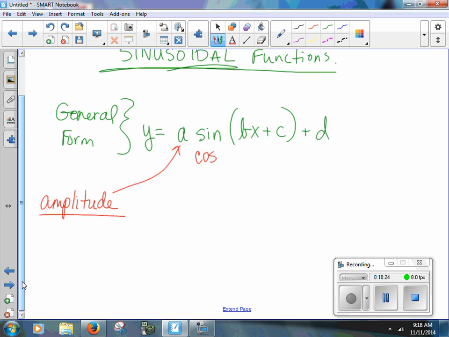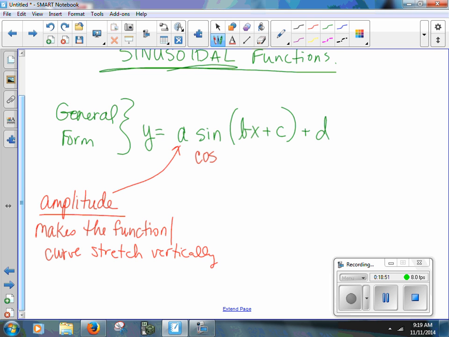From the top to the bottom. It makes the function or curve stretch vertically.